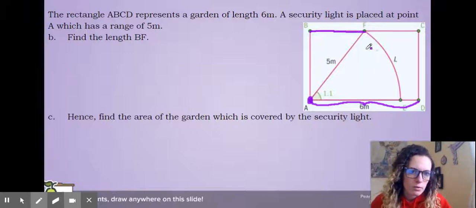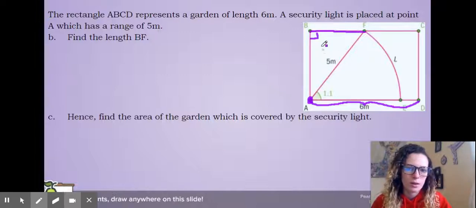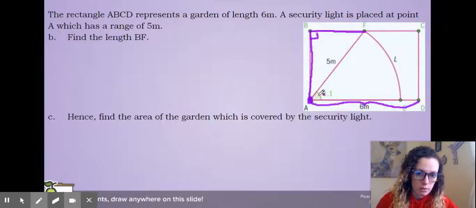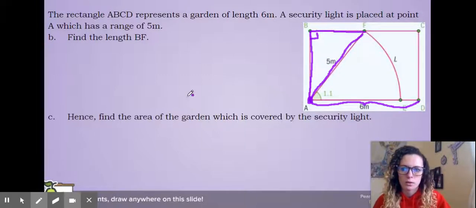Looking at what we have here, remember ABCD, they just told us, is a rectangle. So that automatically means that this angle at B is a right angle. Thinking back to right triangle trigonometry, I have this right triangle ABF. I'm going to bring it over here just so it's a little more clear.